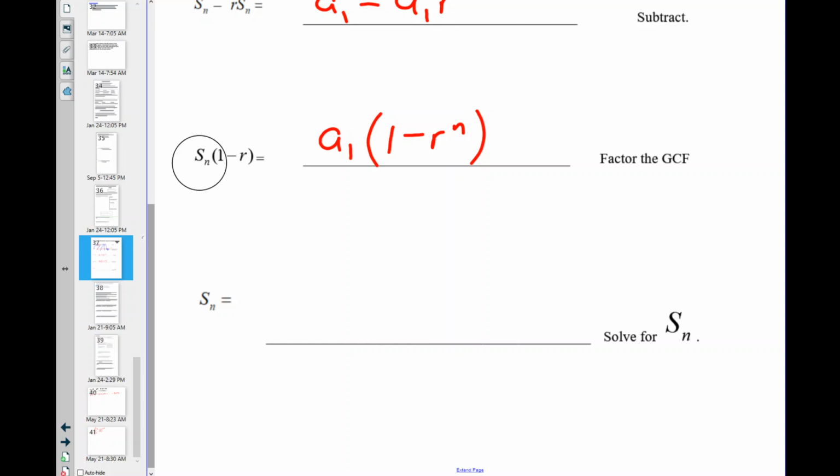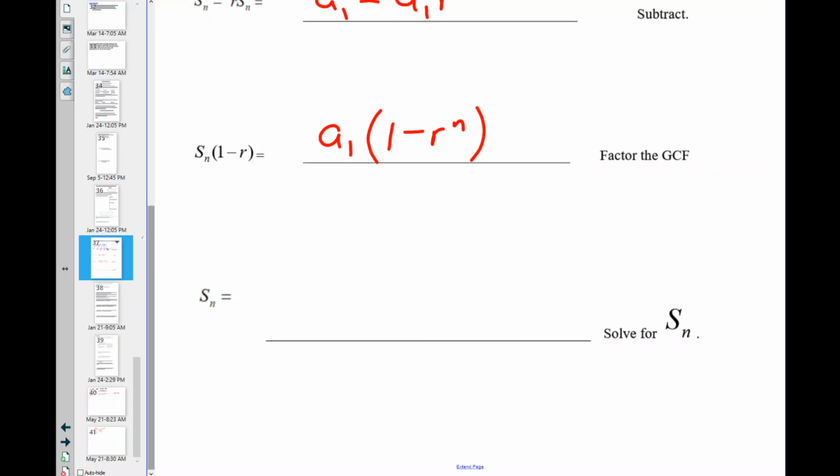If this means S sub n times 1 minus r, how would I get rid of the 1 minus r? Divide. So if I divide that out, now the S sub n is by itself. I have this a sub 1 times 1 minus r to the n over 1 minus r. Does that seem familiar? That's the formula. That's the formula you had on that first page, even in my ugly handwriting.